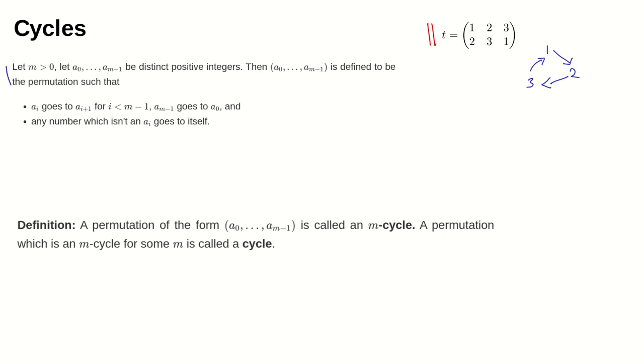So here is the definition. You pick a positive whole number m, and you pick some distinct positive integers, a_0 up to a_{m-1}.